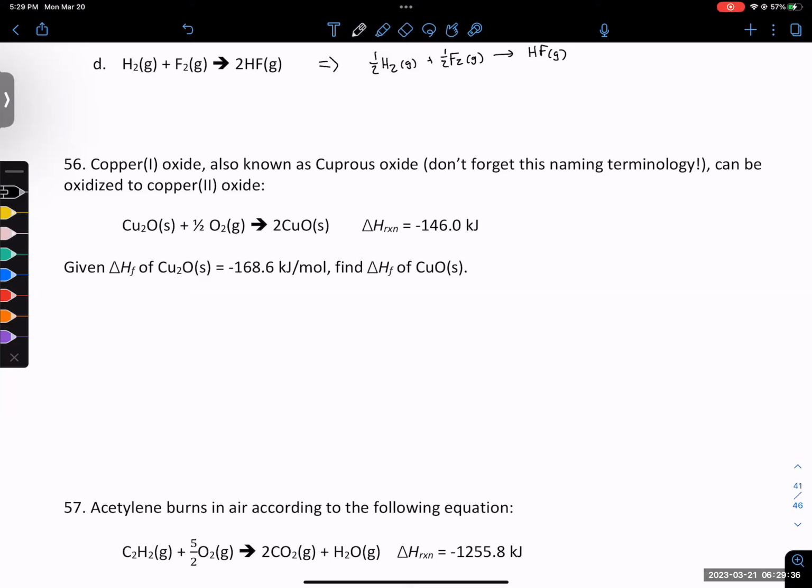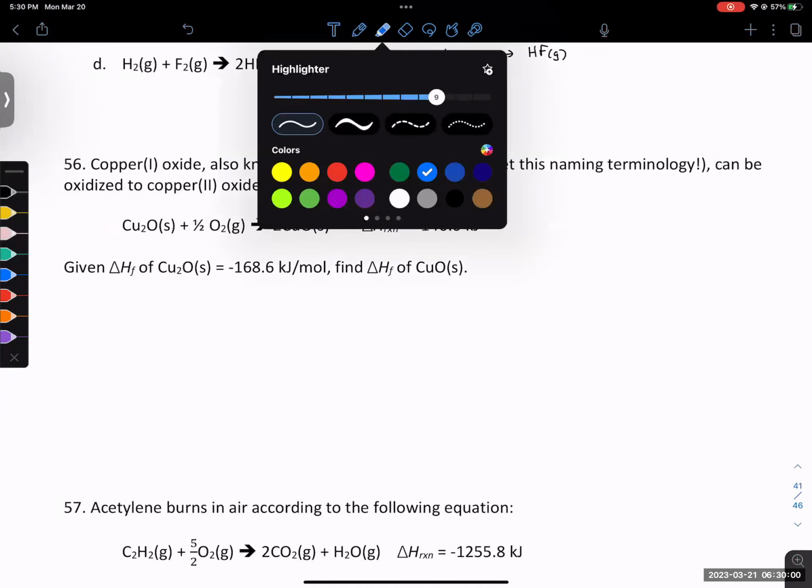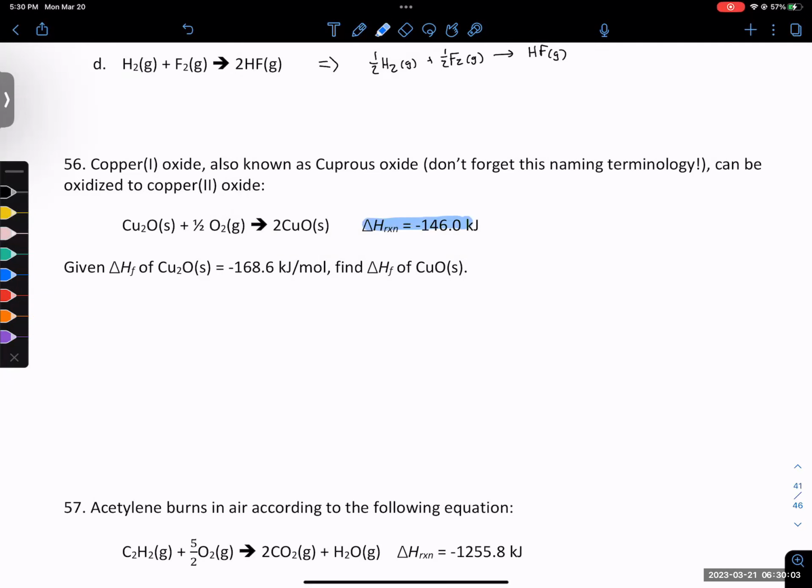All right, so what's the equation that we should use to solve this problem? We're asked to find the delta H of formation of copper 2 oxide. We're given the delta H of that reaction, right? So we're given that here. Then we're given the heat of formation of copper 1 oxide, also known as cuprous oxide.